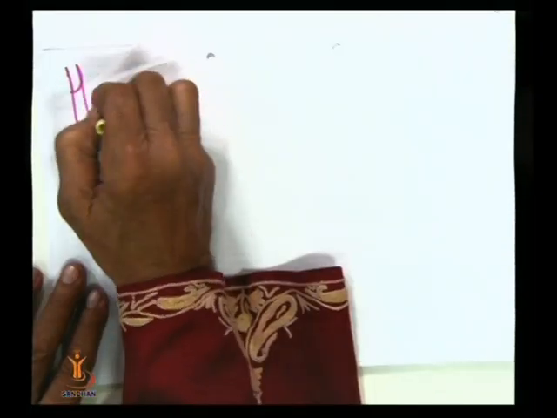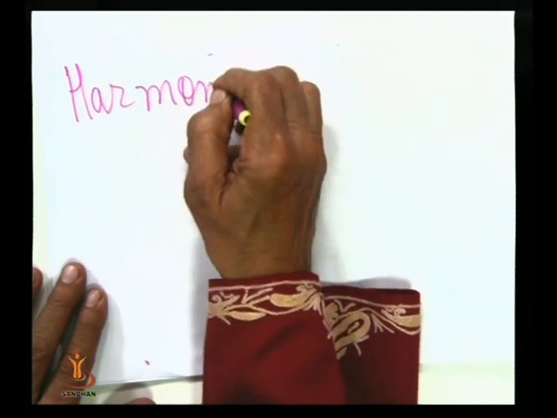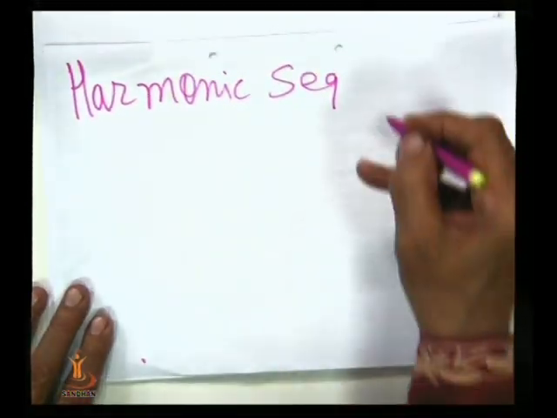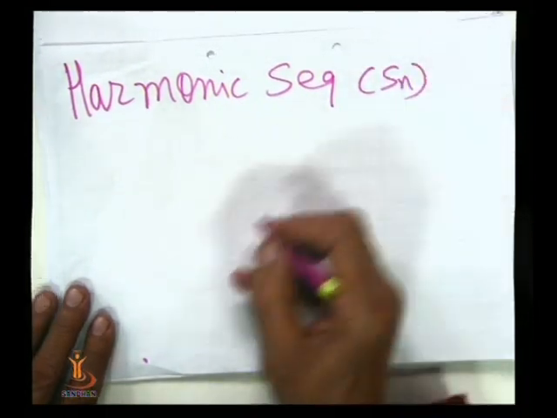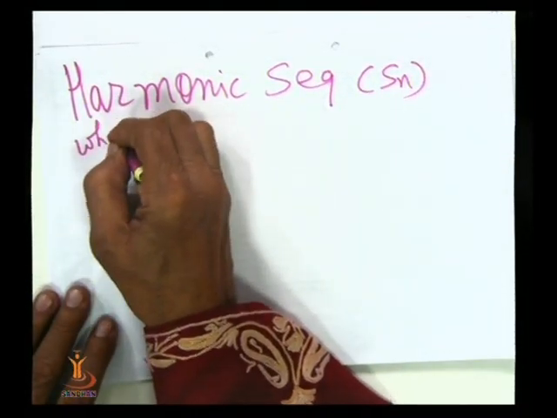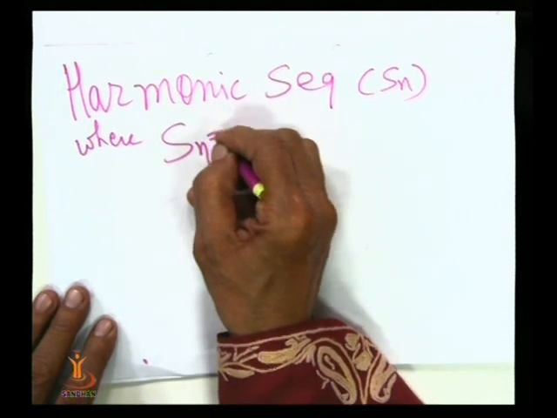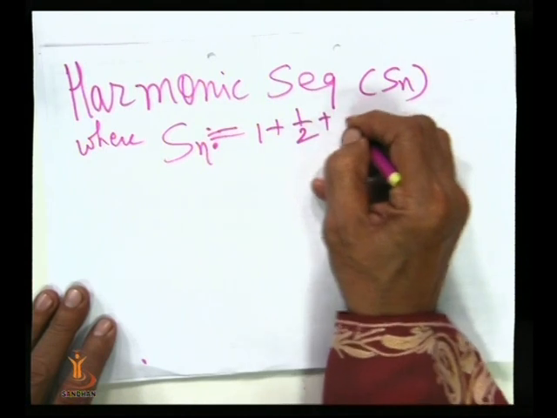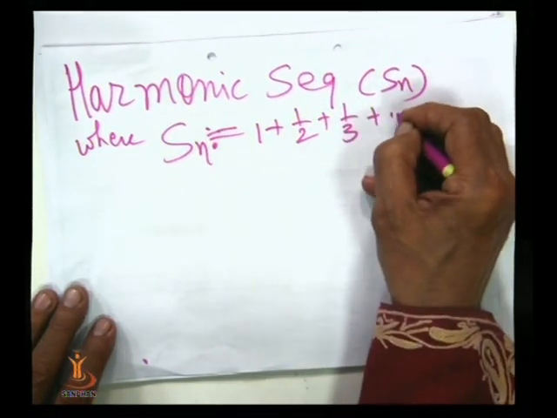Now let me define the harmonic sequence. Harmonic sequence Sn, where Sn is defined as 1 plus 1/2 plus 1 upon 3 and so on and so forth.